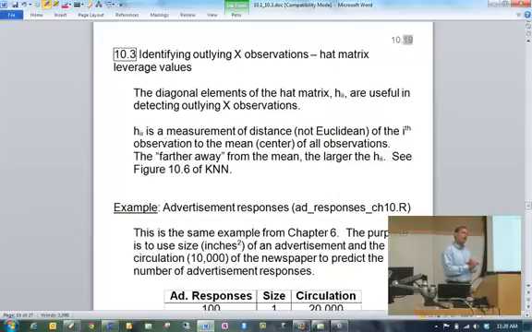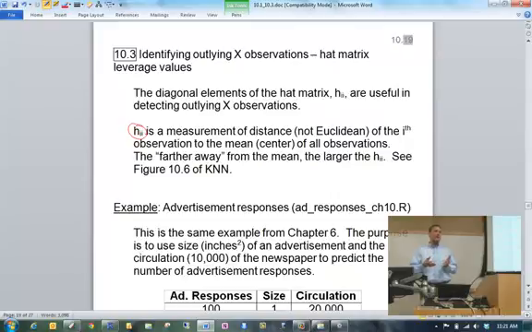We're going to start talking about the hat matrix some more. And with the hat matrix, the thing that's most important usually is the diagonal elements of it, the h sub i. So h11 is the 1,1 diagonal element, for example. I haven't said this before: basically, what these diagonal elements represent is a measurement of the distance of the ith observation to the mean of all the x observations.